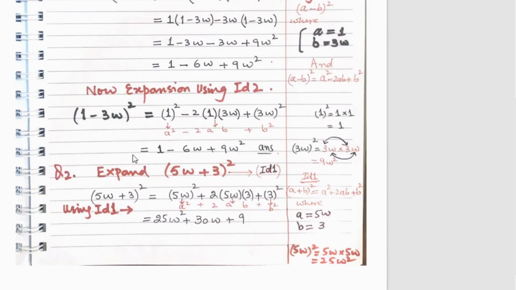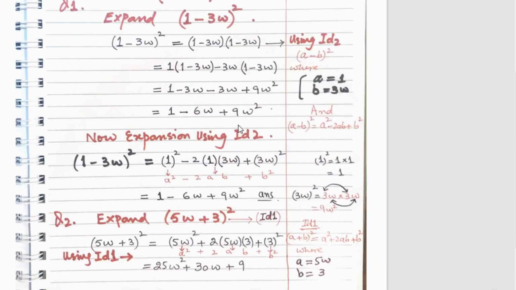But if it is said expansion using ID2, if it is said to you expand (1 minus 3w) square using identity, and you do this method, you will get 0 marks. Because this is not a use of the identity, this is simple multiplication with the help of factors. We just factorized the given term and multiplied.